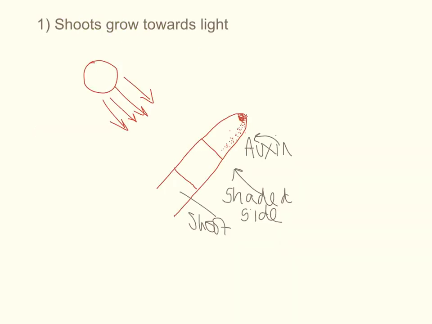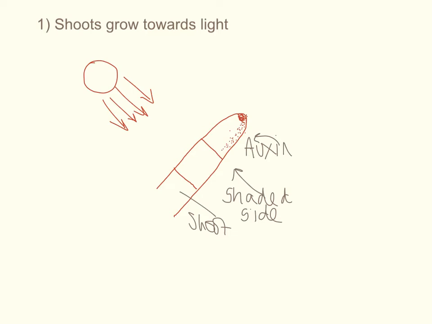Let's now look at how a plant or a shoot will grow in response to a light. So remember, this is known as a phototropism, or even better, a positive phototropism, because the shoot is growing towards the stimulus. So as you can see, the light source is shining down on my plant shoot.